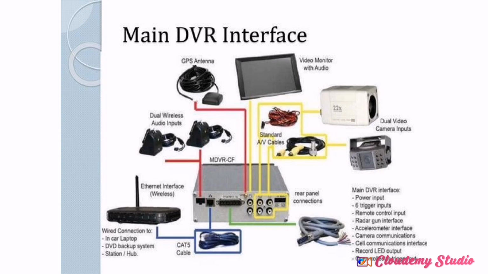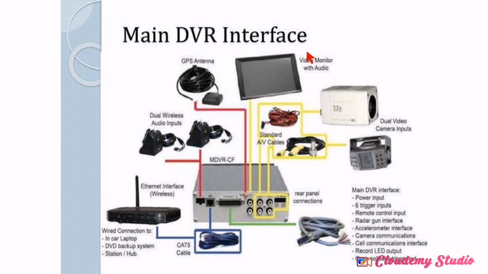Like I was explaining, if you need the internet to have remote control, then you are going to need the internet for connection. But if you don't want remote control, then there is no need of this internet. Then you also need this cable for video monitor with audio.